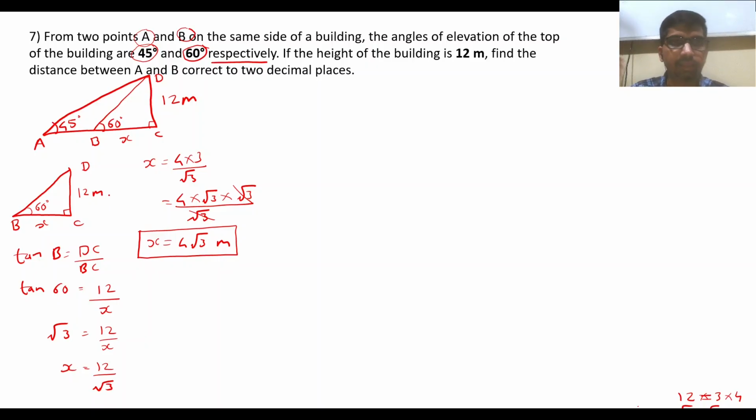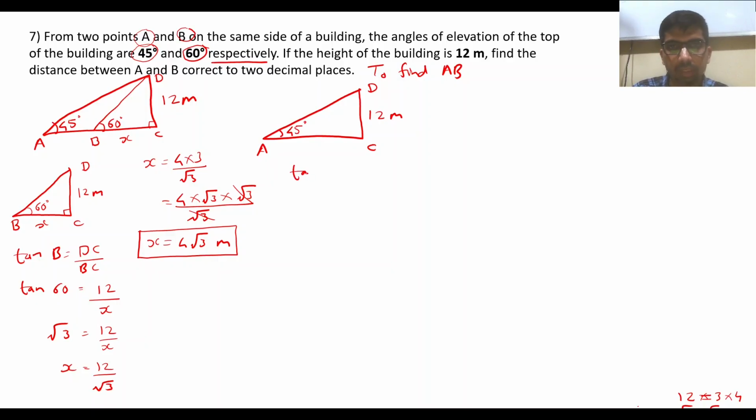Now we'll take the second triangle. Second triangle is bigger. You have to find AB. So now take the bigger triangle. So this is D, and this is C, and this is A. So this is 12 meter, which you know, and this angle is now 45 degree because it's far away.